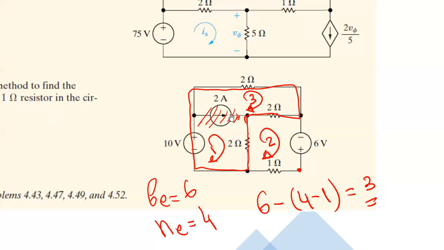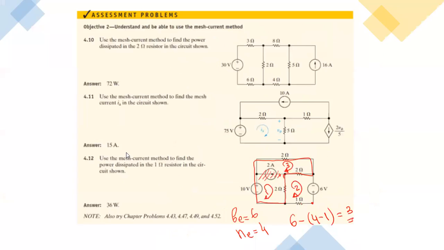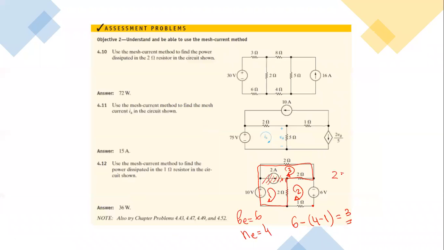So 2 amps, the current in this direction, is I1, and here we have an opposite current, so minus I3. So the third equation will be 2 equals I1 minus I3.